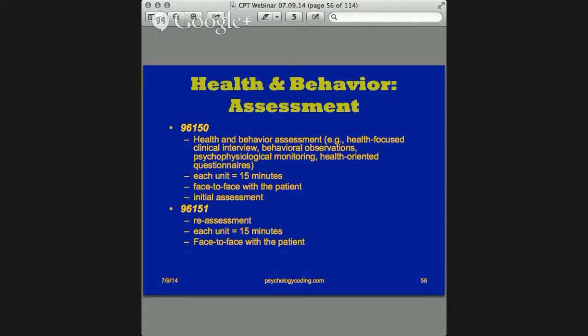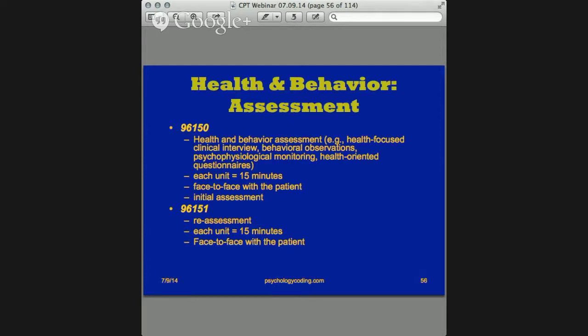All right, so what's the code? You would use 96150, and that would be, as you'll see in a second, in 15-minute units. However, unlike the other testing codes, the H&B, unfortunately, is only face-to-face. So this is only what you do with the patient present. The initial assessment is coded as 96150, and it would not be atypical, and this is critical that you understand, that this could be 4 units or 8 units.